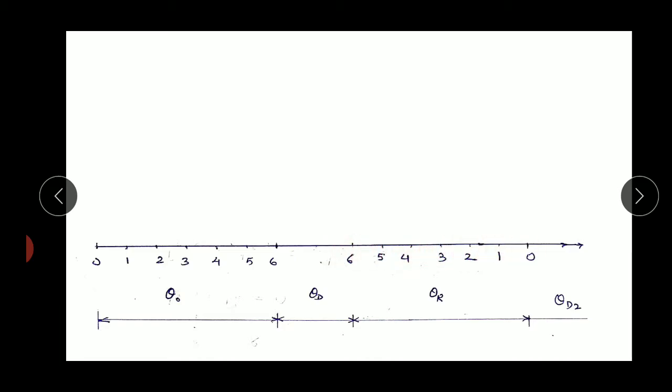Divide the angle turned during outstroke in 6 parts, keep the dwell as it is, then divide the angle turned during return stroke in 6 parts. Whatever the angle, you divide it in 6 parts.